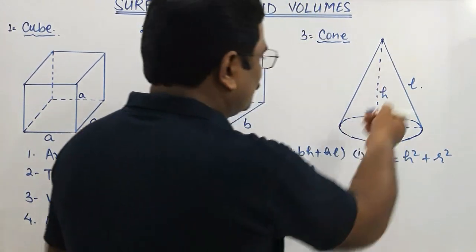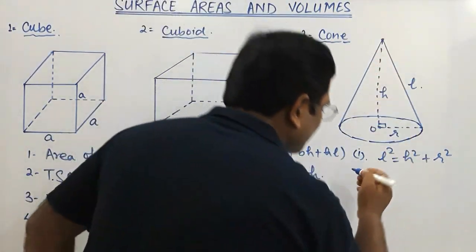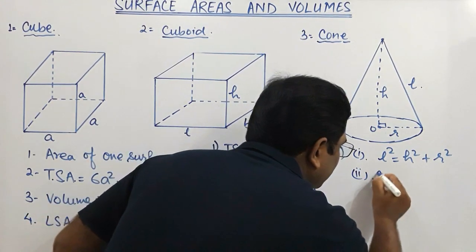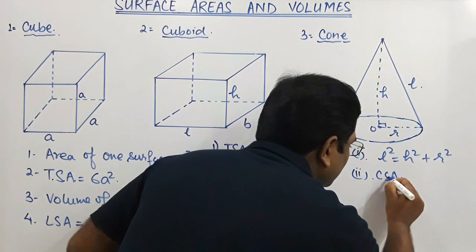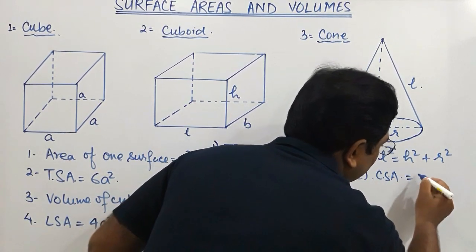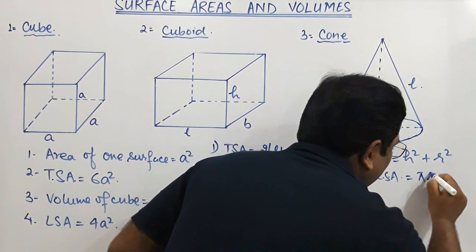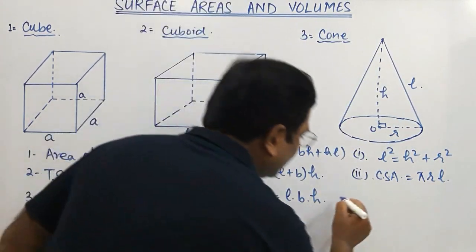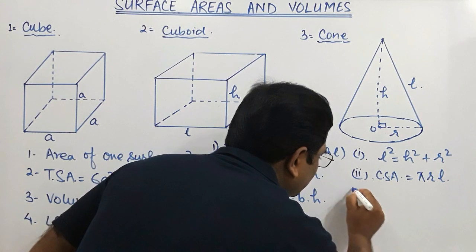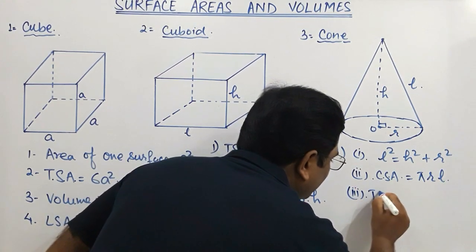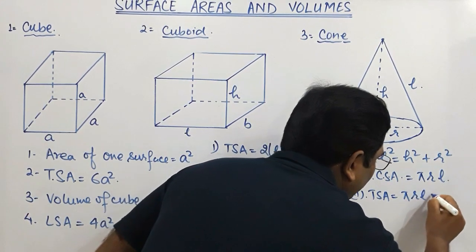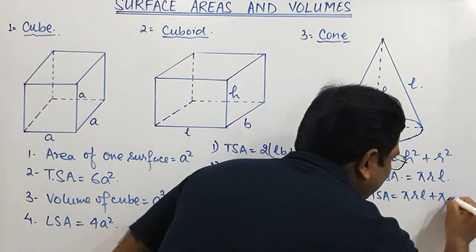Now the curved surface area, which means lateral surface area of the cone, is called CSA. Curved surface area of cone is pi r into L. Similarly, we can find the total surface area of the cone, which is pi r L plus pi r square.